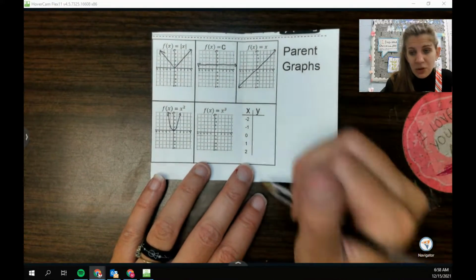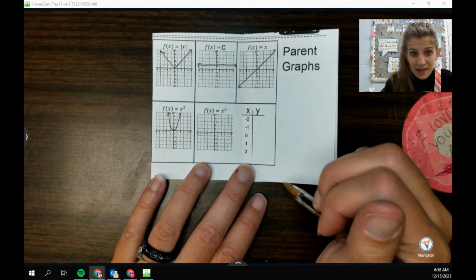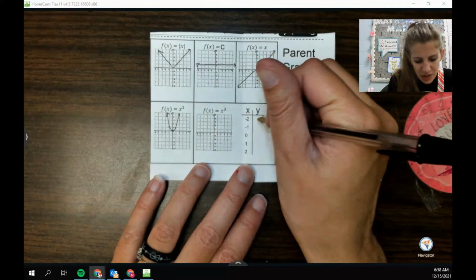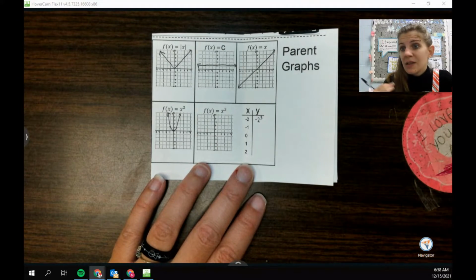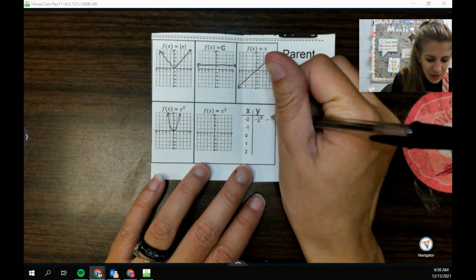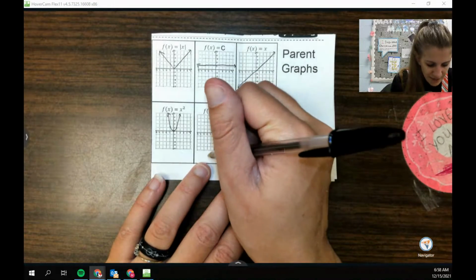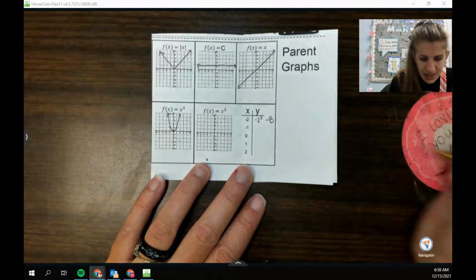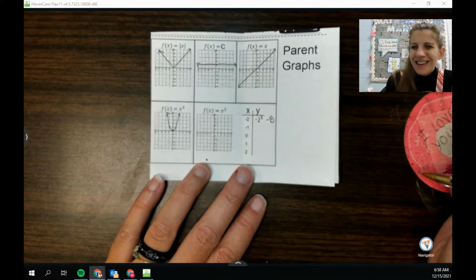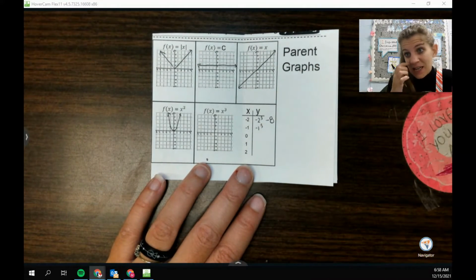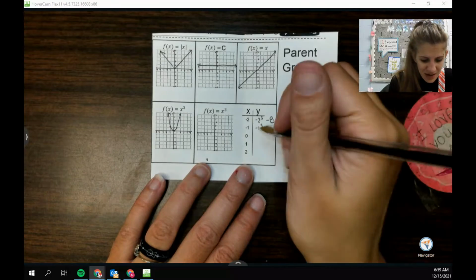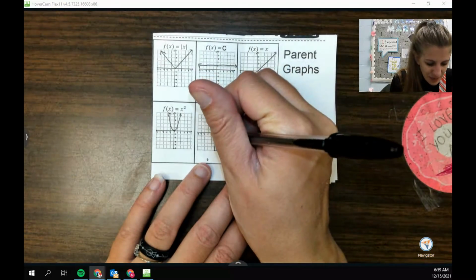So when we take some numbers and plug them in, because we're not sure what it looks like yet: if I do negative 2 to the third, that's negative 2 times negative 2 times negative 2, which is negative 8. Which doesn't fit on here, so I'm just going to throw it down there, approximately negative 8. And when I plug in negative 1 to the third, negative 1 times negative 1 times negative 1 is negative 1.